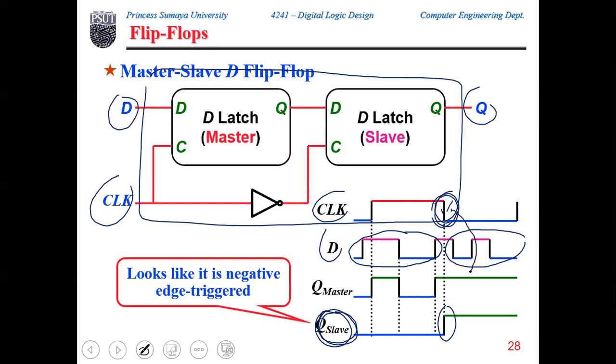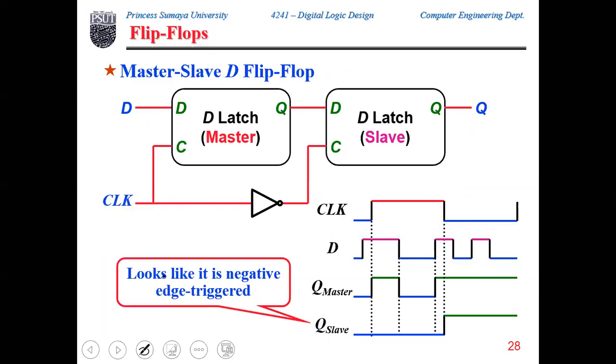So effectively, it looks like we only forced Q to be affected by D at the falling edge. Okay, so this is very important. This is one way to build a D flip-flop, which is a storage element that allows the stored value to change based on the input when the clock changes from high to low or from low to high, or when there is a positive edge or a negative edge only.